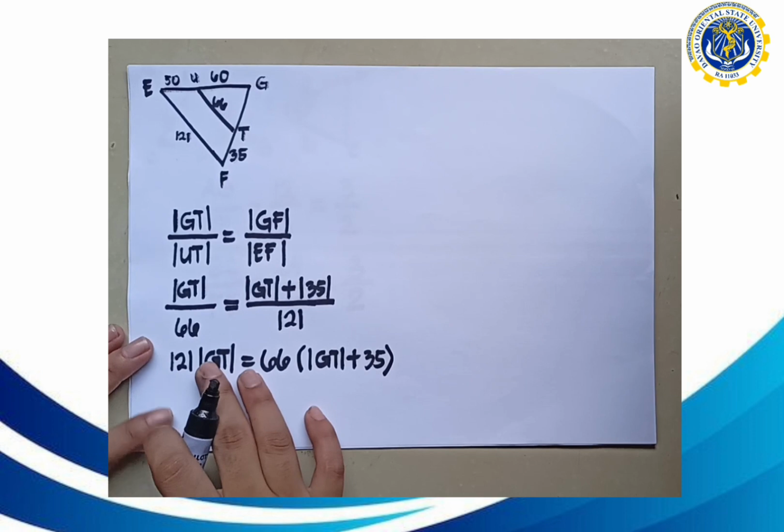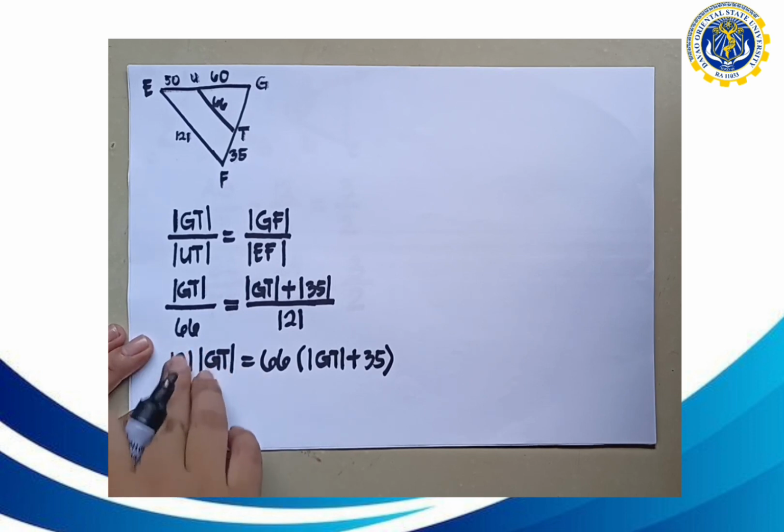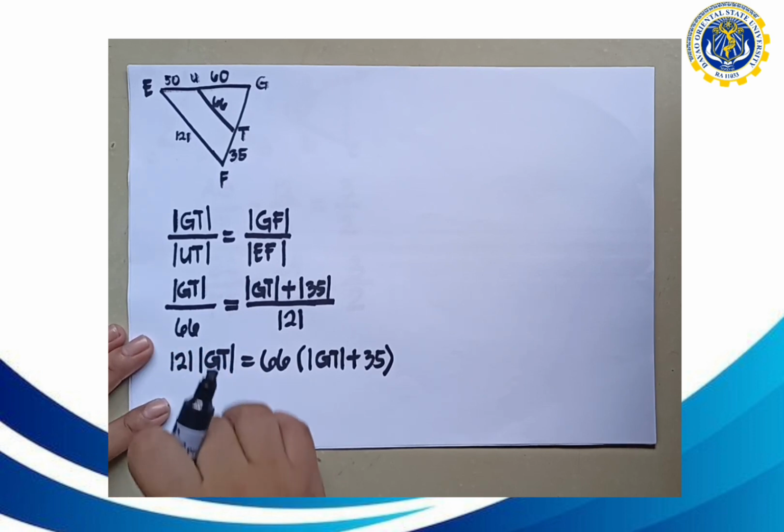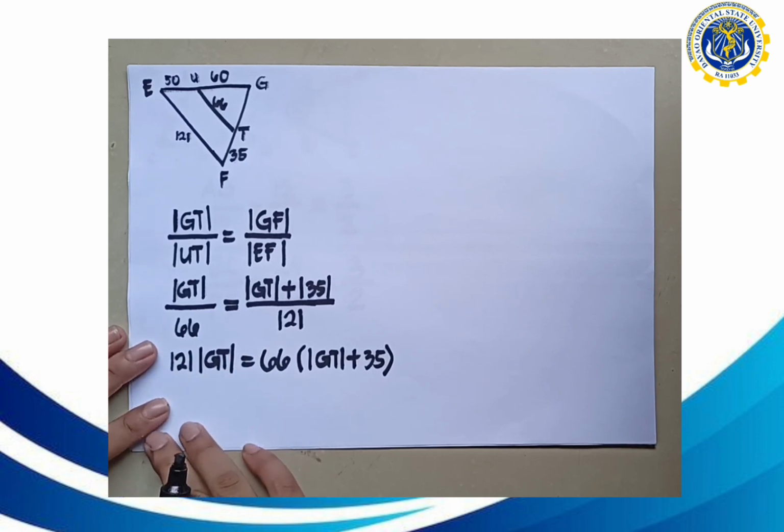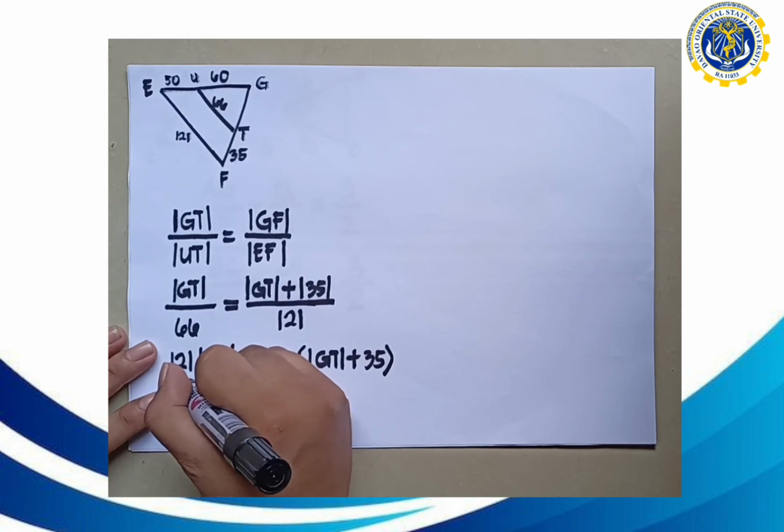We have 121, and we have to reduce the 121, which is now 11.